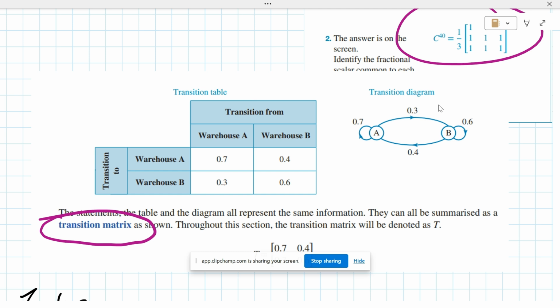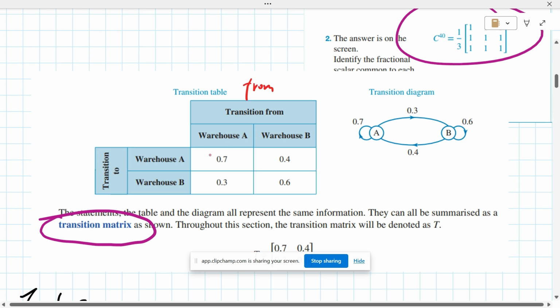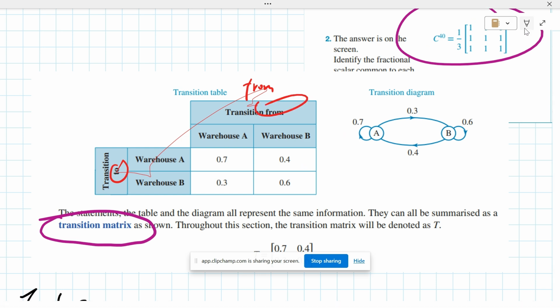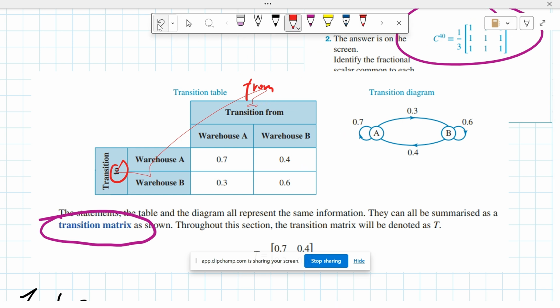Always remember that the vertical one is from, and the horizontal one is to. So we start with from and to. From warehouse A to warehouse A is 0.7.